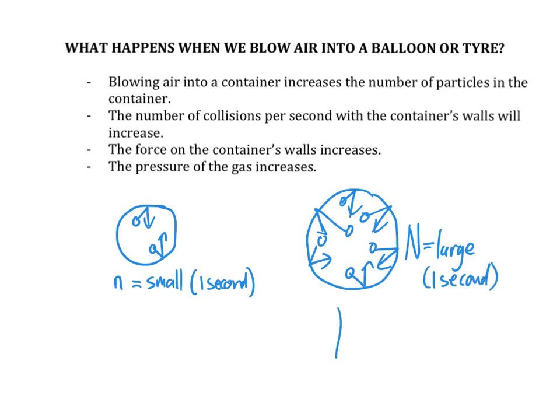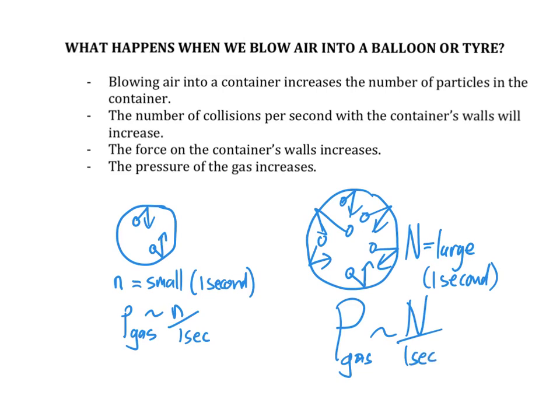And so here, the pressure of the gas in the balloon would be big, whereas here the pressure would be small because it's dependent on a small number of collisions per second. And here it's dependent on a large number of collisions per 1 second. And so what it results in is that here the volume of the balloon will be bigger than here. You'll learn more about the relationship between volume and pressure later on in grade 10 when we do gas laws.